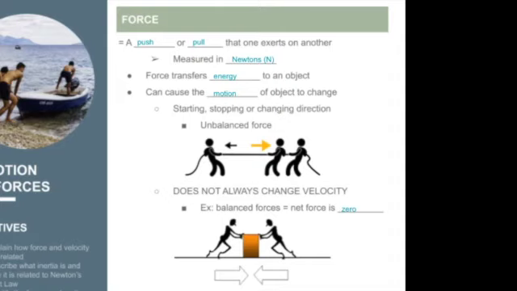Or like in the tug of war example above, if our pull forces were equal, the rope isn't going to move. So an unbalanced force is going to cause some kind of change in the motion, but balanced forces are not going to cause a change in the motion.